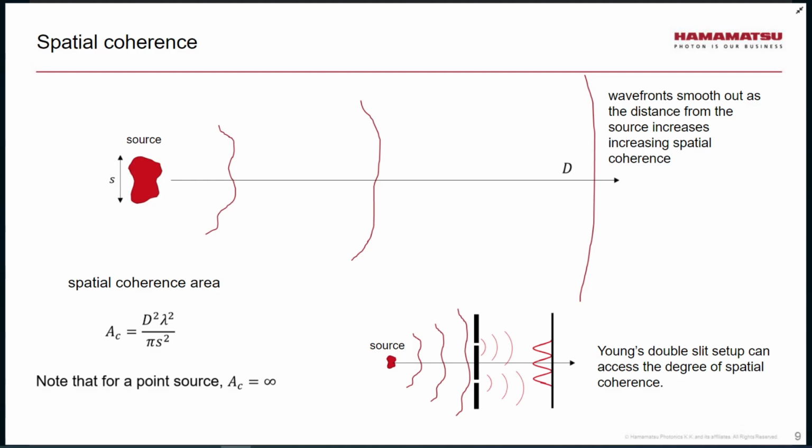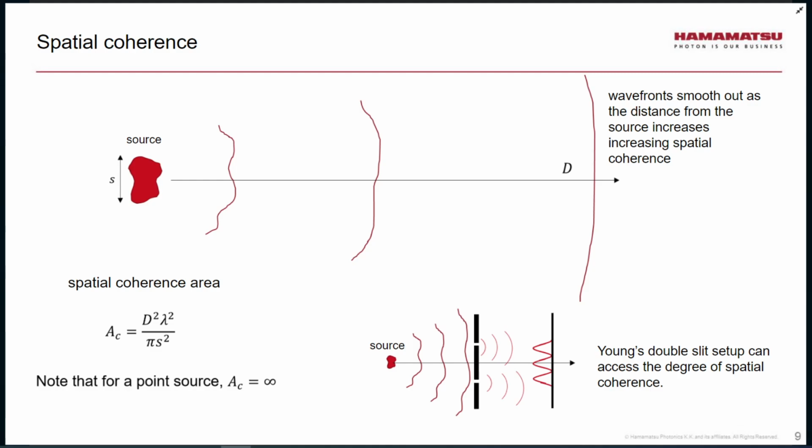However, as the wavefronts propagate away from the source, they kind of become smoother. And so the coherence area, which we can see is approximately equal to the distance squared times lambda squared divided by size of the source squared, is going to increase because of increasing distance. So light becomes more spatially coherent as it moves away from the source.